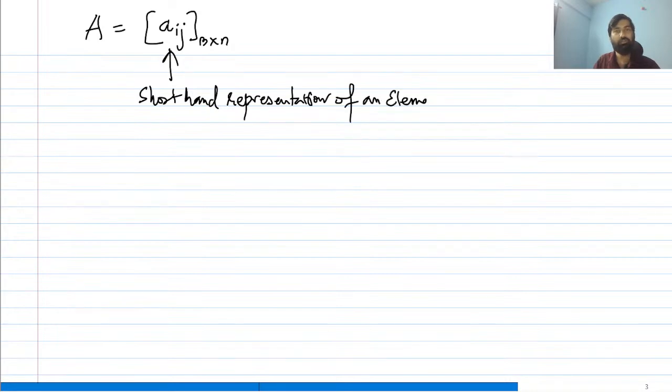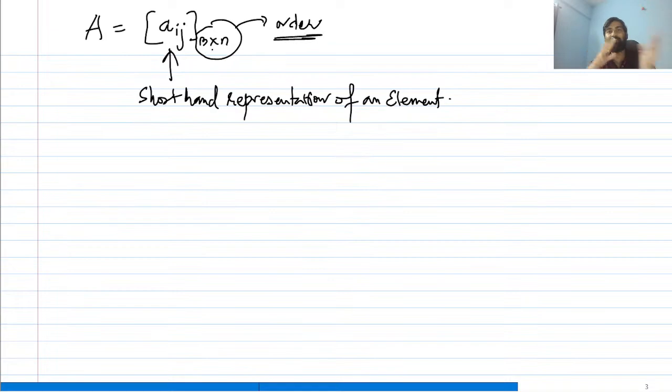So a11 means what? The first row, first column. Here m and n denote the size of the matrix. This is the order of the matrix.